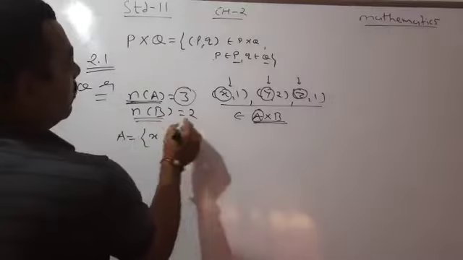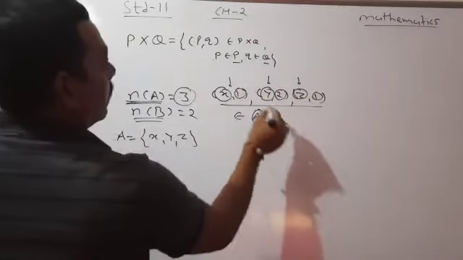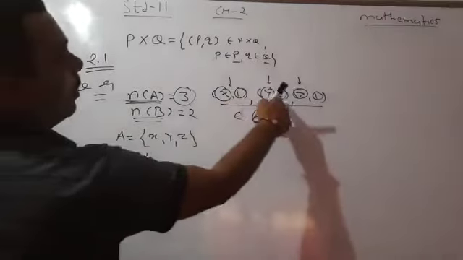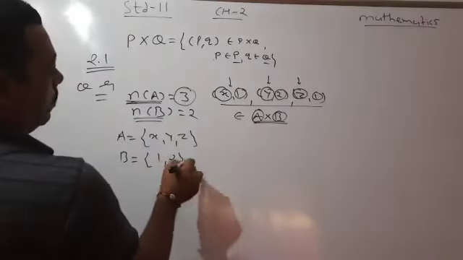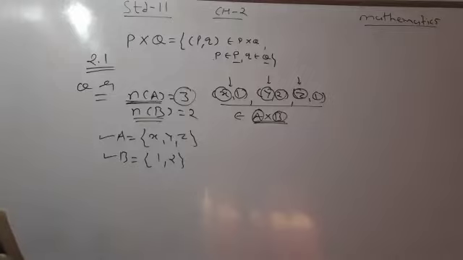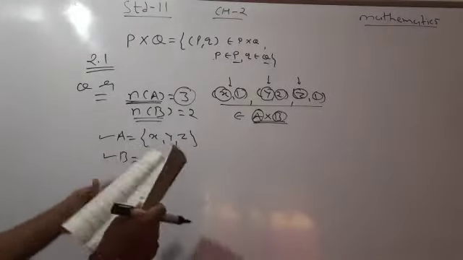Now the number of elements in B is 2: 1, 2. The second entry is from B. So B contains 1, 2, 1. But 1 is repeated, so we will write only 1 and 2. Thus, the elements of A and B from the given data are x, y, z and 1, 2 respectively.